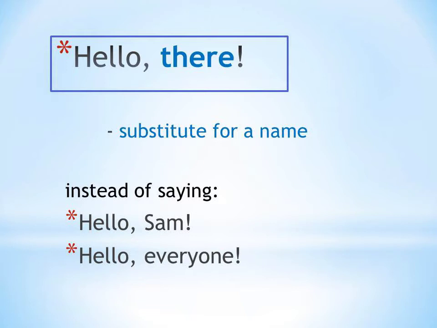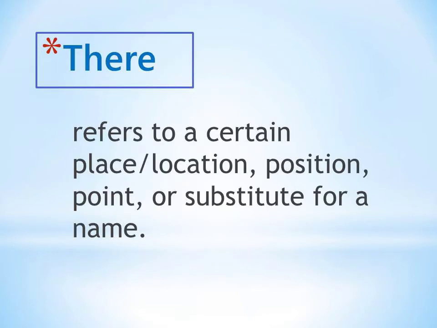If you noticed when I greeted you in the beginning of this video, I said, hello there. You see, I used the word there as a substitute for a name. Again, there is used when you refer to a certain place, position, point, or substitute for a name.